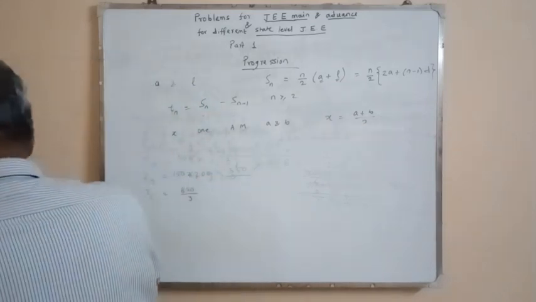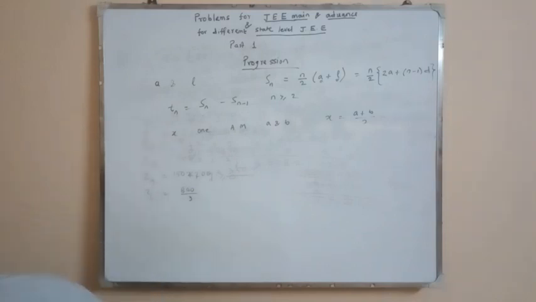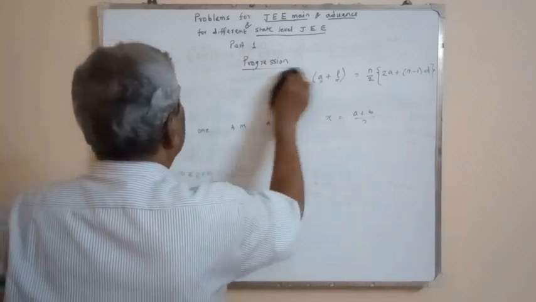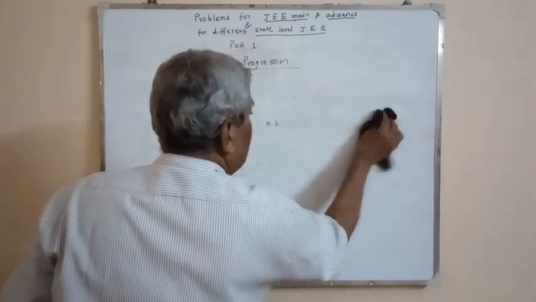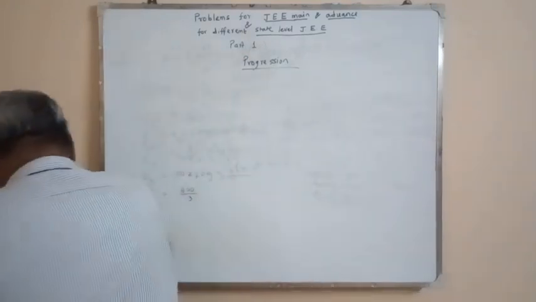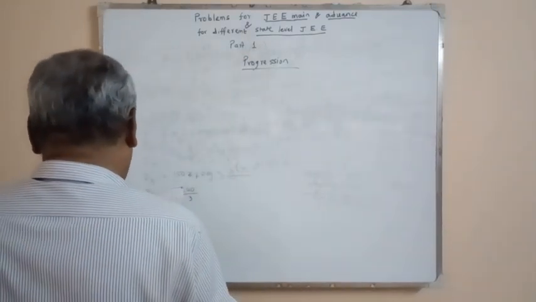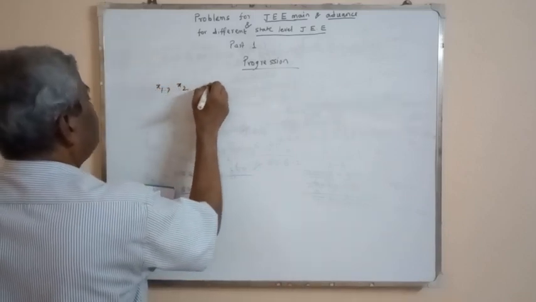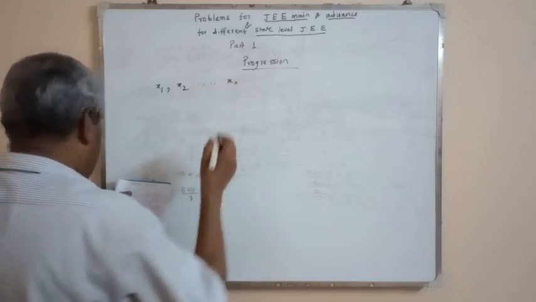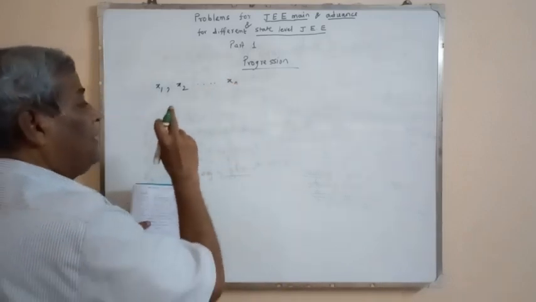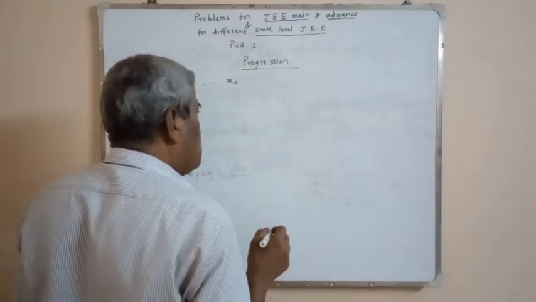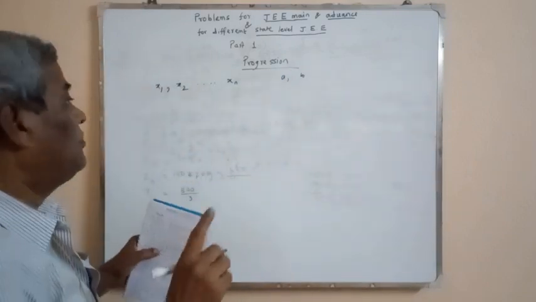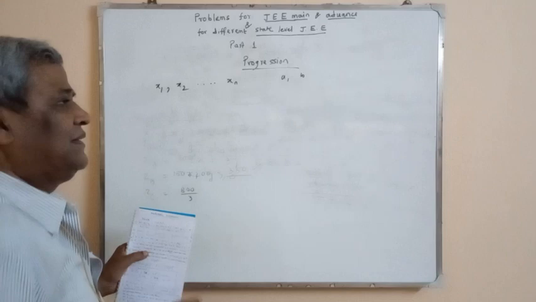So next, if x1, x2 up to xn, these n arithmetic means are introduced between a and b, then how to obtain the values of x1, x2 up to xn?